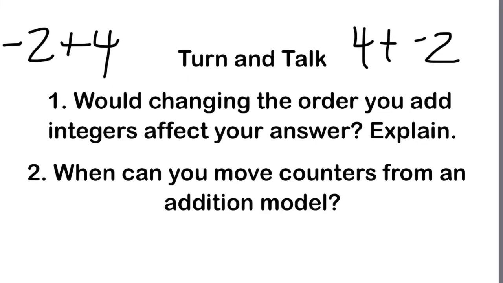So as a quick reminder, you can move counters out of your addition model when they equal 0. When you have one red and one yellow counter, this equals a 0 pair, and they can be removed or taken out of your addition model because they don't equal anything, and so they do not have a role in our solution.